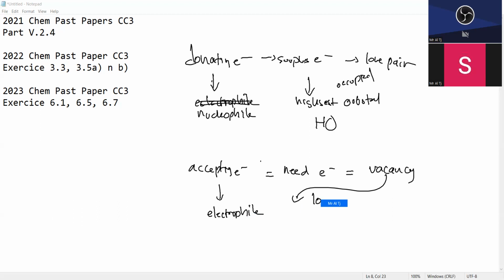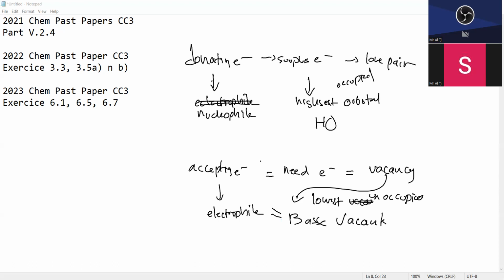It is the lowest unoccupied orbital, or they call it BV, if I'm not mistaken. So electrophile is the BV. That's it. It's very simple. Nucleophile gives electrons. They have the highest occupied orbital, HO. Electrophile, they love electrons because they're vacant. Come, electron, fill me. That's the BV.